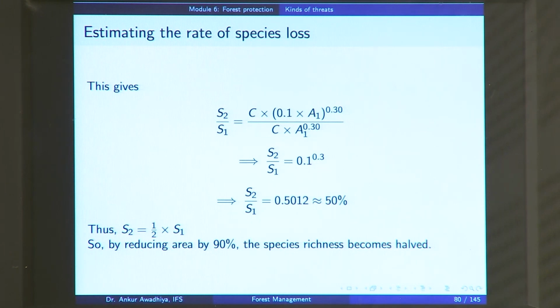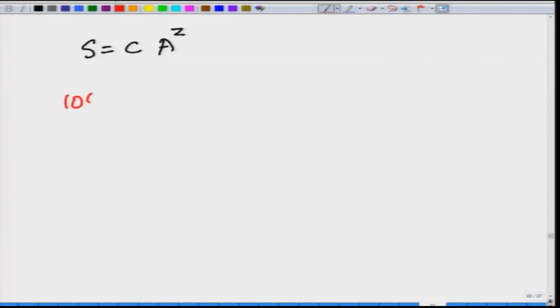What it means is that even if you are able to reduce the area of a forest or of this island by 90%, the number of species only goes down by half. So, earlier you were having say 100 square kilometers, and probably you were having 500 species.